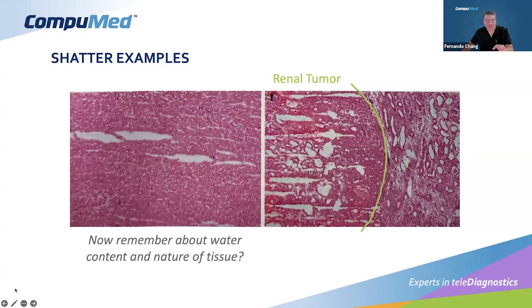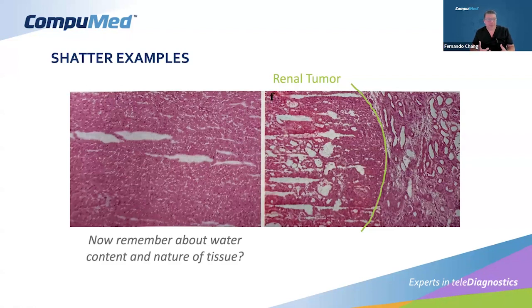The shatter is happening here, and the picture on the left is a higher power. It's happening because of the water content. Tumors, renal tumors and cancers in general have a lot of apoptosis, necrosis, and inflammatory processes going on.